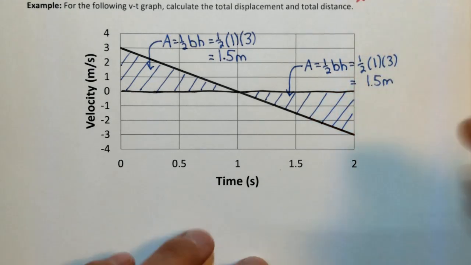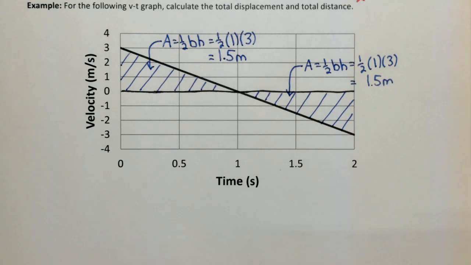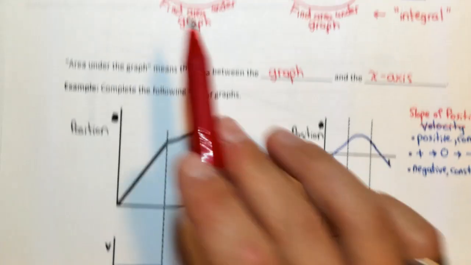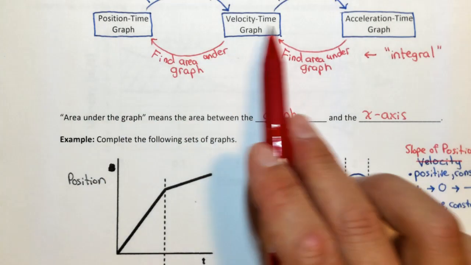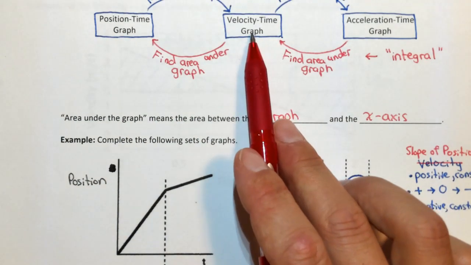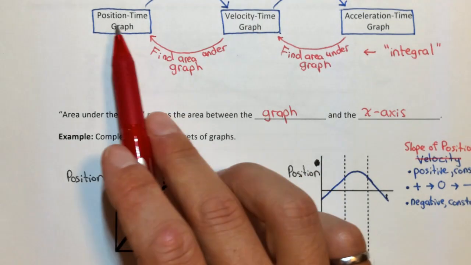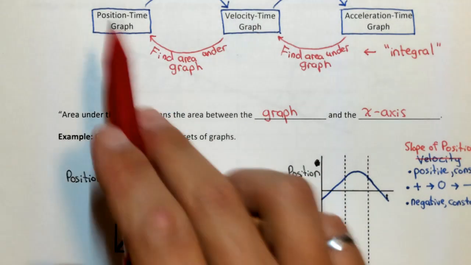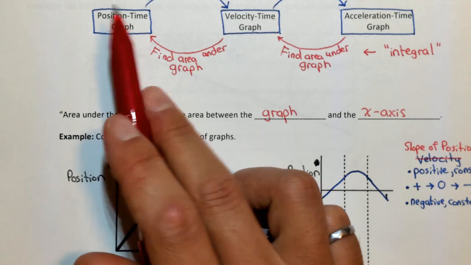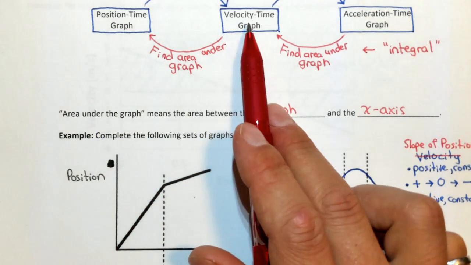But there's an important point I'm going to tell you here that you got to remember. And that's that when we're using areas to represent changes in position or changes in velocity, they can be negative, right? A change in position can be negative. Position can go backwards. A change in velocity can be negative.